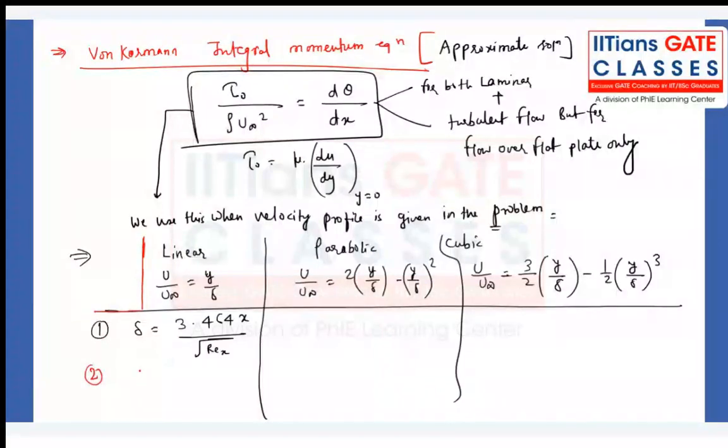Momentum thickness, you can write delta by 6. Here you can write delta by x will be equal to 5.477 divided by root Reynolds number, and 4.64 for the cubic.